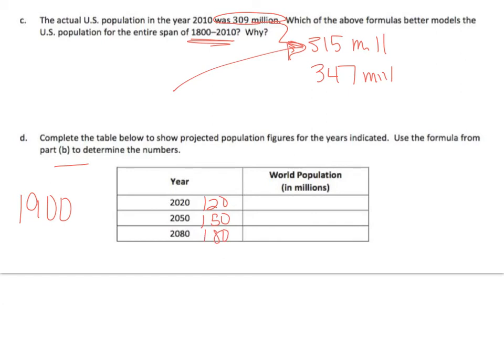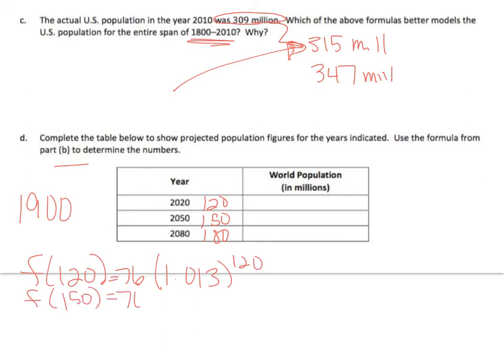We're going to use it in the equation f of t. 76 times 1.013 to the 120, f of 150, 76 times 1.013 to the 150, and finally 76 times 1.013 to the 180.